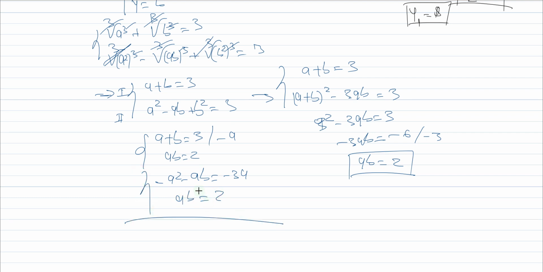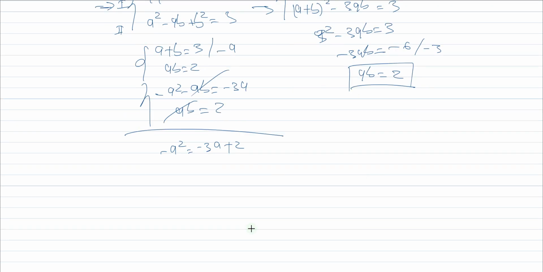So here I'm going to have minus a squared minus ab equal to minus 3a, and here ab is going to be equal to 2. So this is going to be minus a squared equal to minus 3a plus 2. So this is then a squared minus 3a plus 2, and this is 0. This is going to be a squared minus a minus 2a plus 2 equals 0.